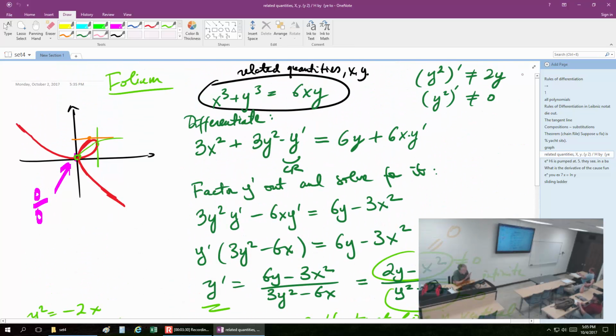The difference is that here you have x and y related to each other through an equation. That's the similarity. The difference is that we declare somewhere that y is a function of x. That is the key, and that's why you differentiate over x, the independent variable. If you know the independent variable, then you know how to differentiate.